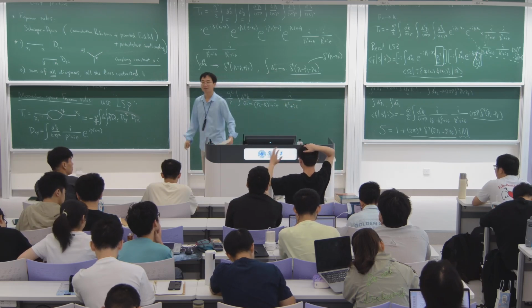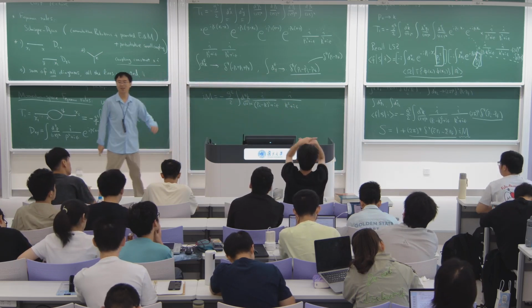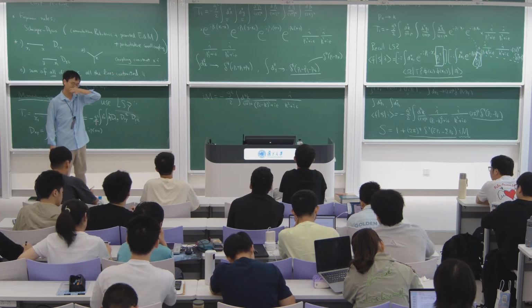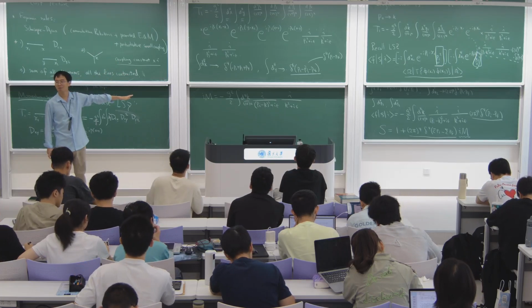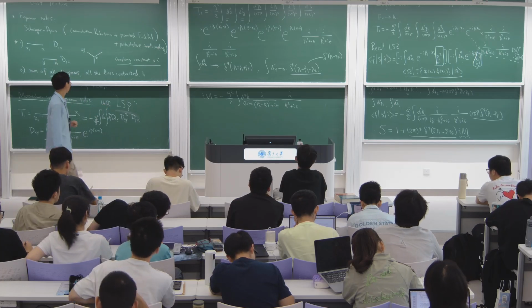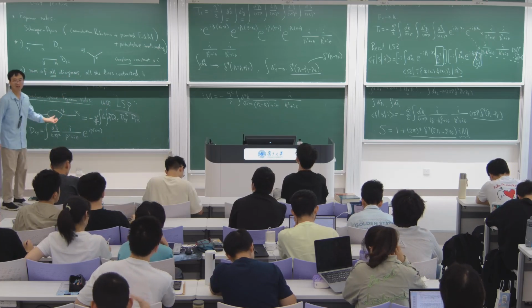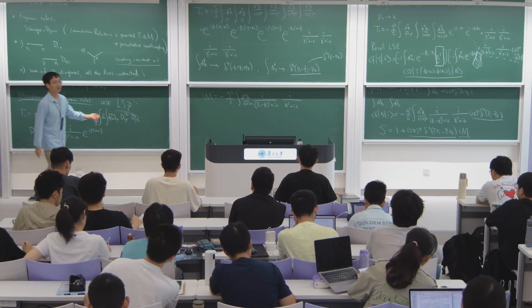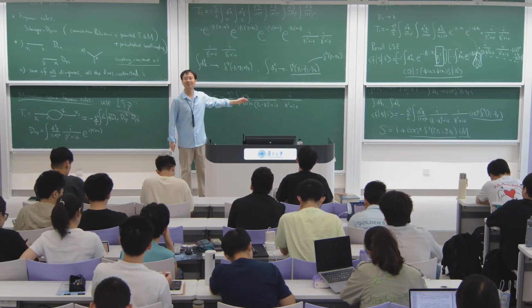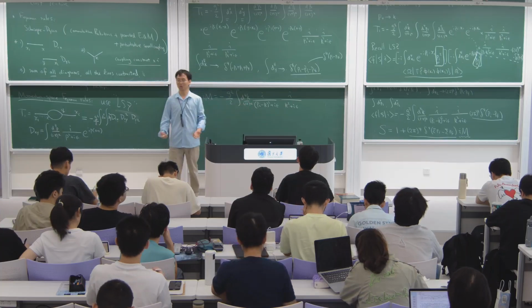Okay, so the final result is very simple. If you only want to know this final amplitude IM, that's it. Then, like before, we can try to make some rules. This is the calculation, but you don't want to do it every time.